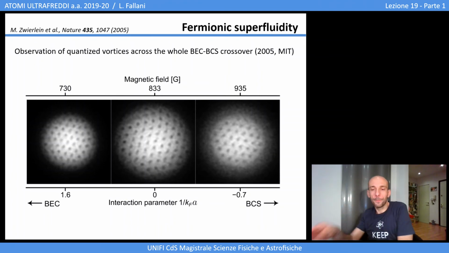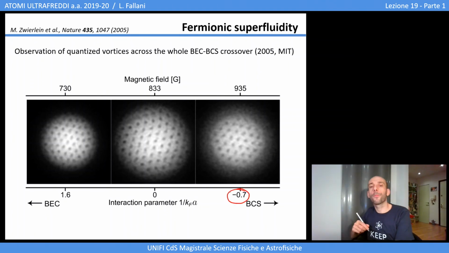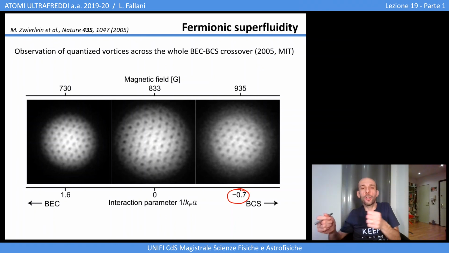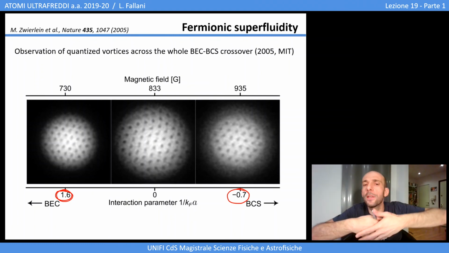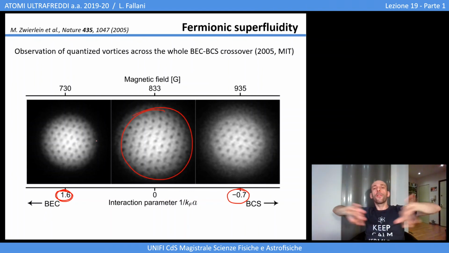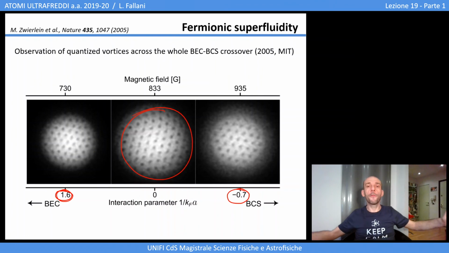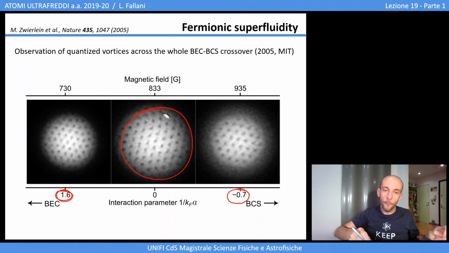Whether you have a BCS superfluid, with an attractive interaction between the particles that form Cooper pairs, or a Bose-Einstein condensation of bosonic molecules made by two fermions, or you are in these very complicated regimes of everybody interacting with everybody, everywhere, if the temperature is low enough, these fermions can form a superfluid state, and you can observe very beautiful quantized vortices for all the interaction strengths.